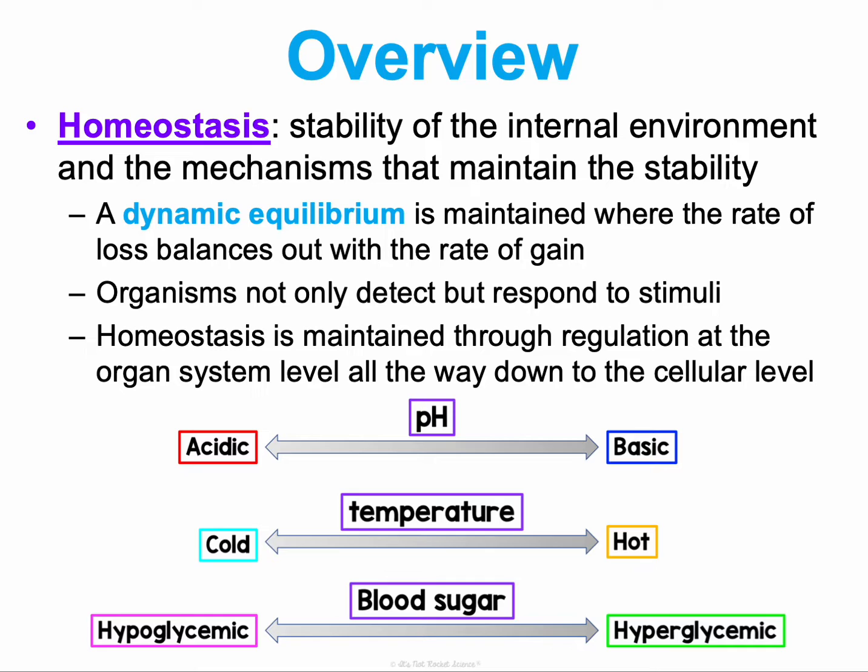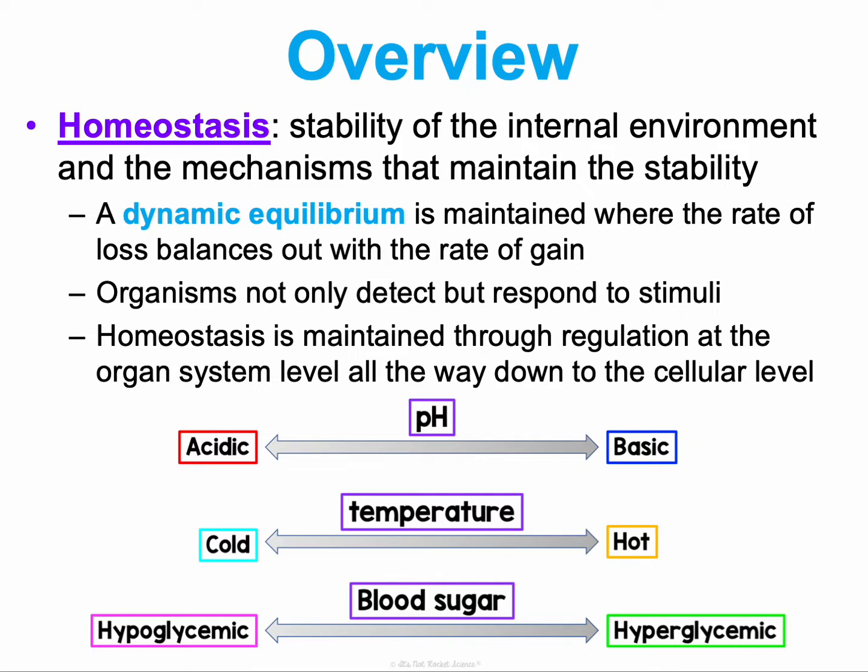All right, so first off, here's your definition for homeostasis. Basically, it is a stability of the internal environment and the mechanisms that maintain that stability. There are different types of equilibriums that you're going to see. Dynamic equilibrium is maintained where the rate of loss balances out with the rate of gain.